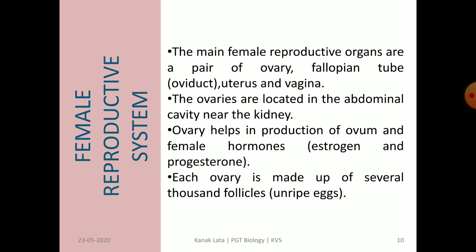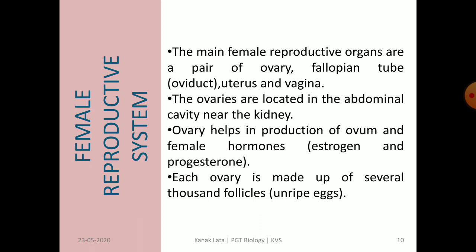Ovary helps in production of ovum and female sex hormones, that is estrogen and progesterone. Progesterone is responsible for holding the pregnancy and estrogen is responsible for secondary sexual characters in female.